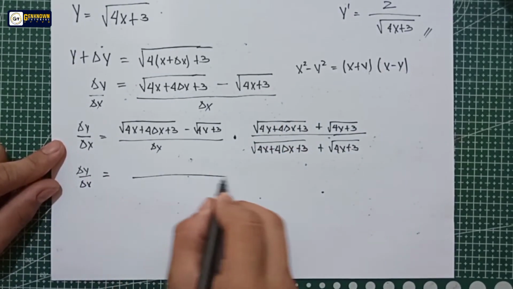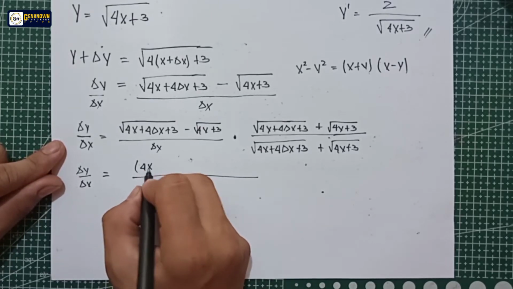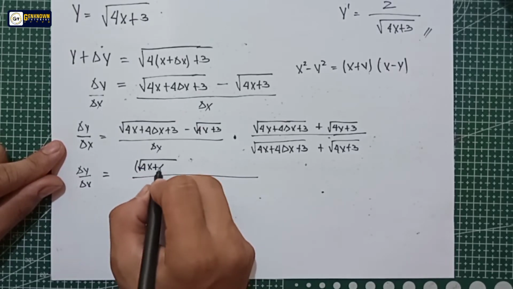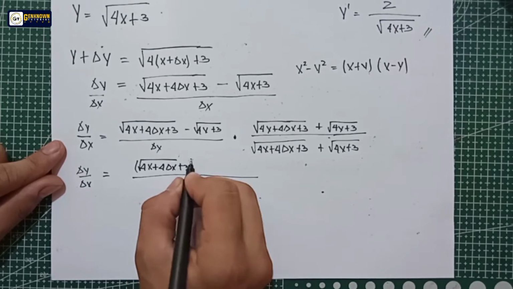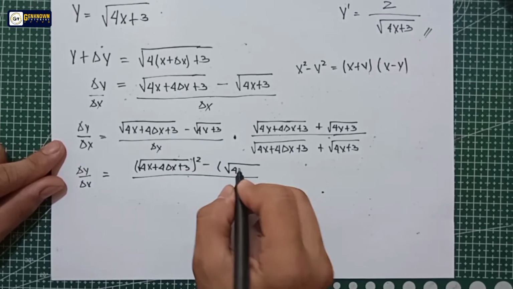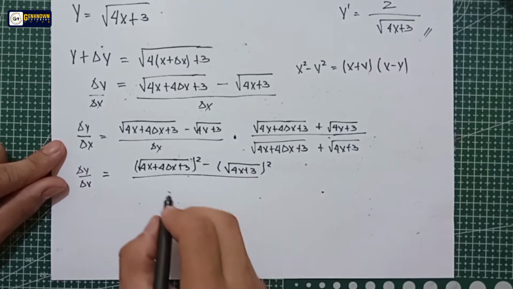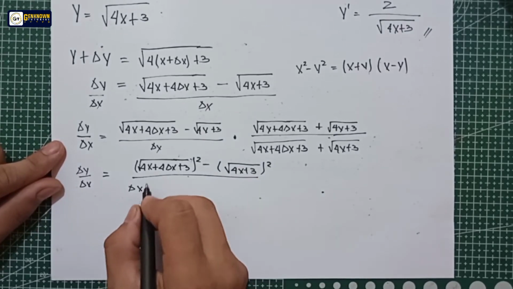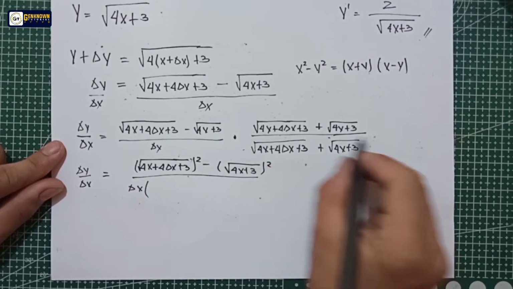So it becomes 4x plus 4 delta x plus 3 (the square root squared) minus the square root of 4x plus 3 squared, all over delta x. Multiply by the denominator.